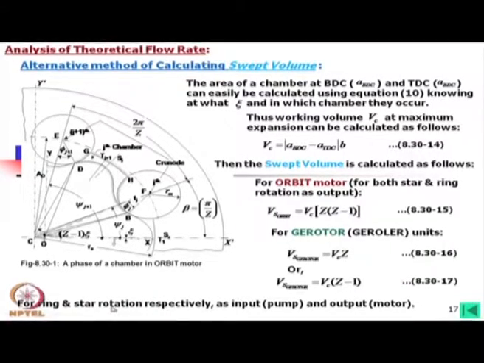Whereas, if the ring is rotating, then 7. I have mentioned 7 or 6; in that case z minus 1 and z. So, if we use it carefully, we can calculate the swept volume of the zerotor, depending on which one is the output.